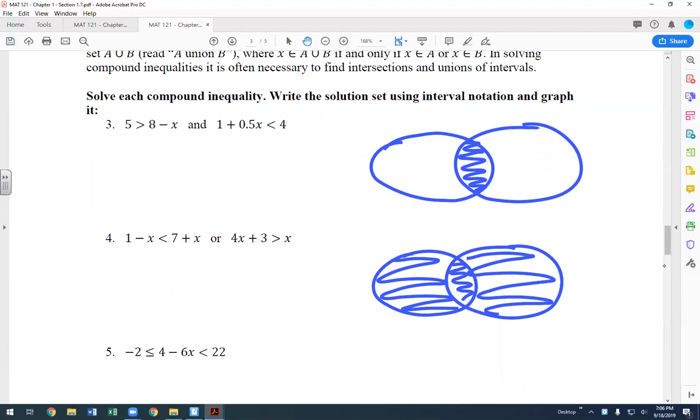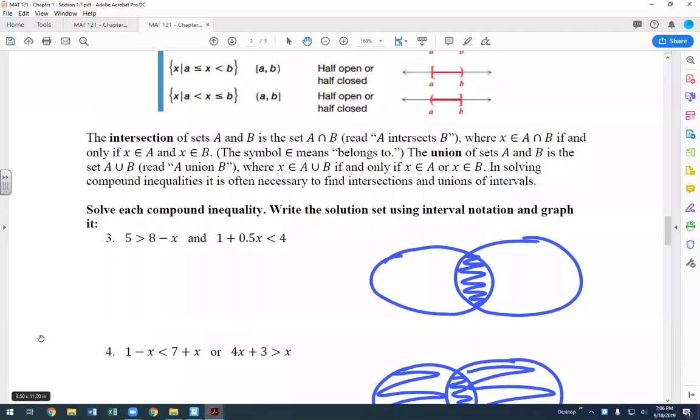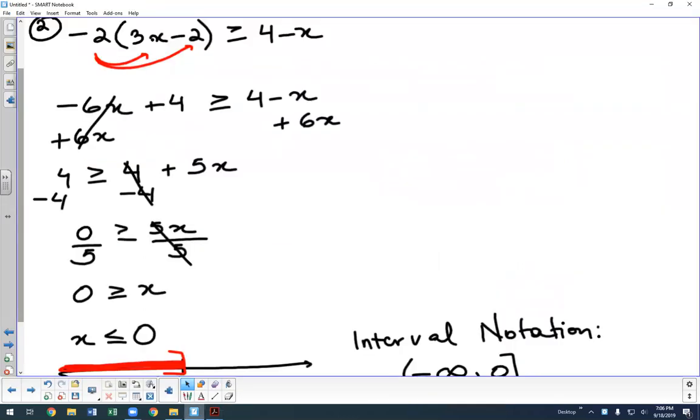Intersection says no, only what this set has and that set has, what is common, is the only answer we can use. That's what this description is talking about. These are just your notations for the intersection and the union. So let's go ahead and see how we can solve these inequalities.